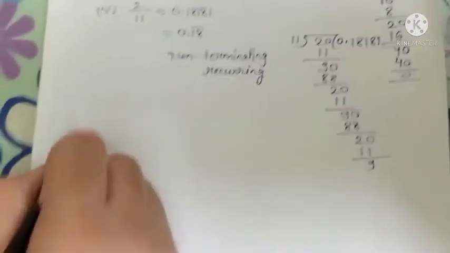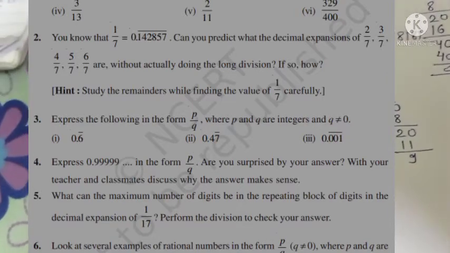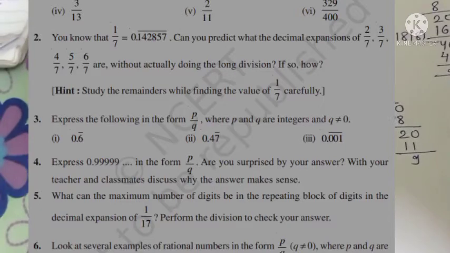Now come to the second question. The second question is: you know that 1 upon 7 is equal to 0.142857 bar. Can you predict what the decimal expansions of 2 upon 7, 3 upon 7, 4 upon 7, 5 upon 7, 6 upon 7 are without actually doing the long division?